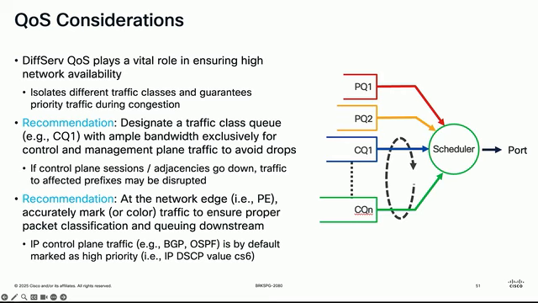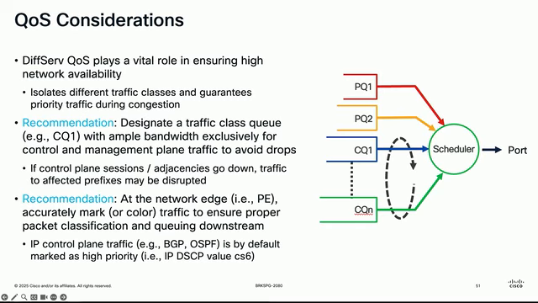Give it adequate bandwidth so that during congestion, the control plane traffic is never dropped. It's guaranteed. Because if control plane traffic drops, then you can lose IGP adjacencies, BGP sessions, PIM joins and so forth, which could disrupt traffic for the affected prefixes.